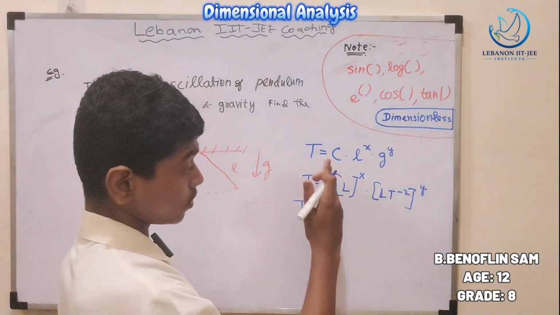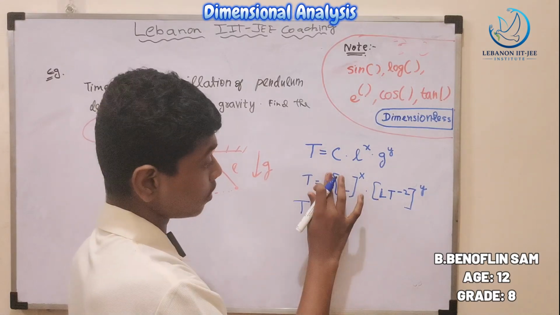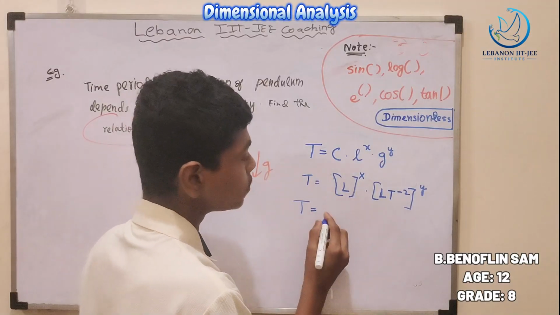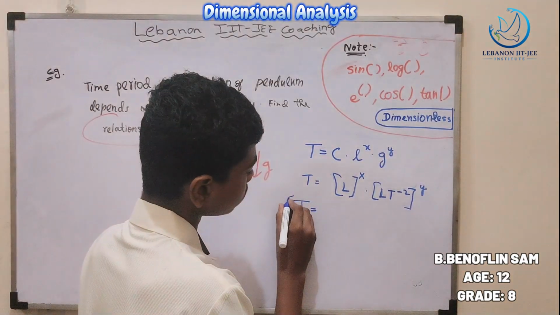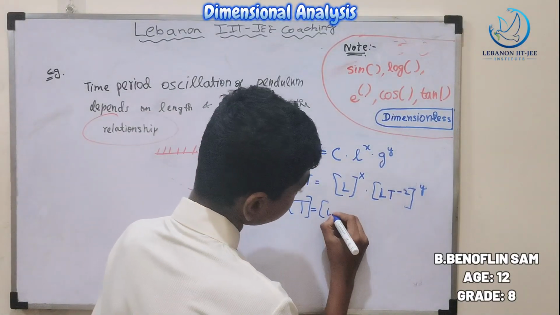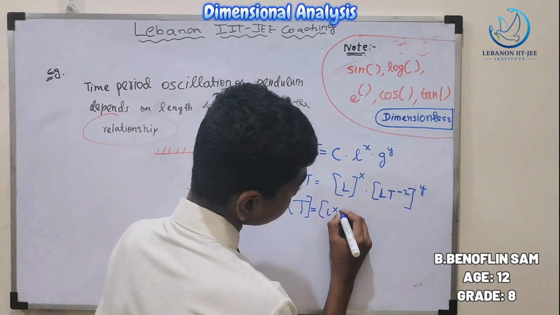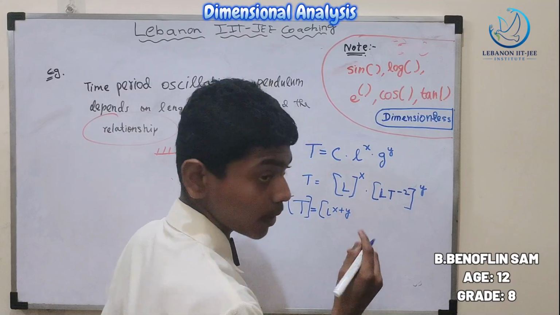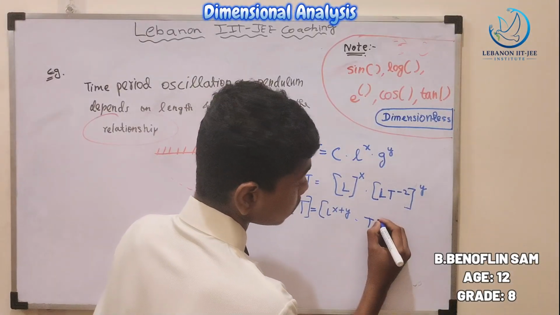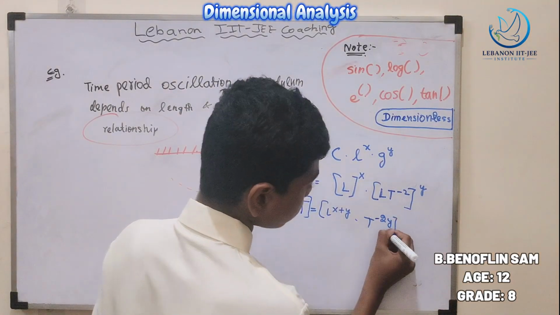We will leave the constant for now. So T has this dimension, so this will be L^(x+y) combined into T^(-2y).